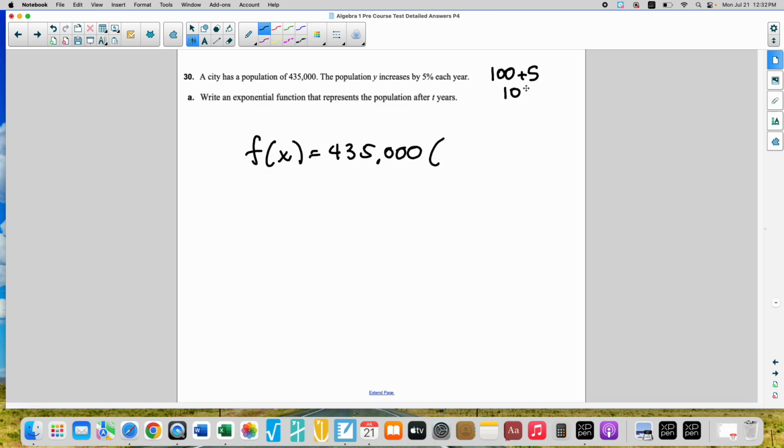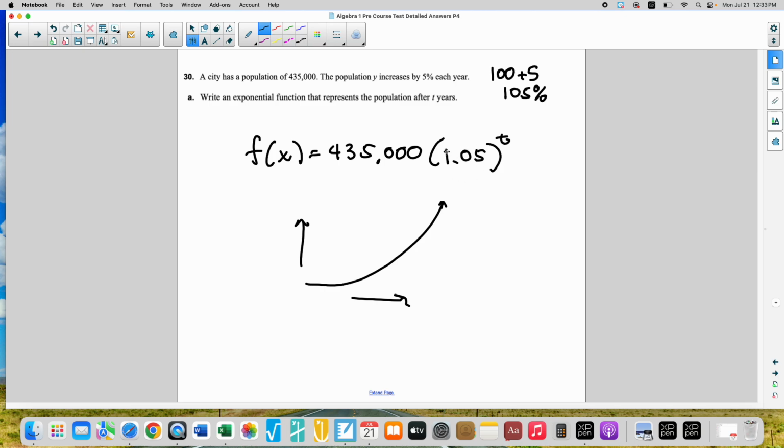So that gives you 105%, which is 1.05, and then you put it to the t power, and t is representing the years. This is function notation, and this is kind of cool. This is how exponential growth formulas work. It is growing, so as the years increase, the population is going to increase. Okay, and year zero would give you what for this value?